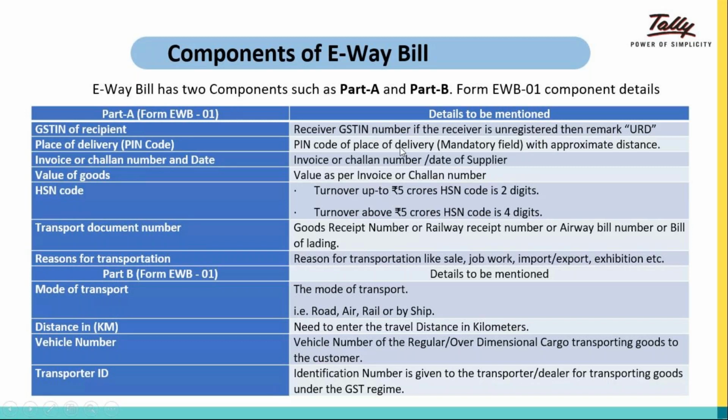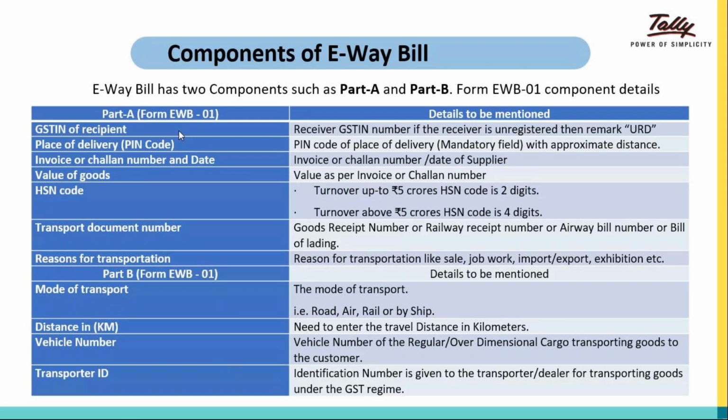Similarly, we have part B. In your part A, first we have to provide the GSTIN. This is the GST registration number of the recipient. When I say recipient, this is the GST number of the person who is receiving the goods, to whom the goods are being transported.